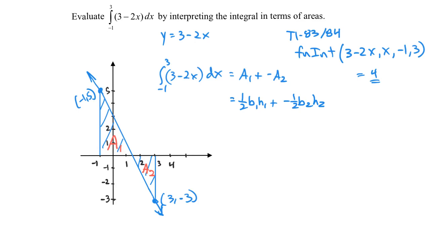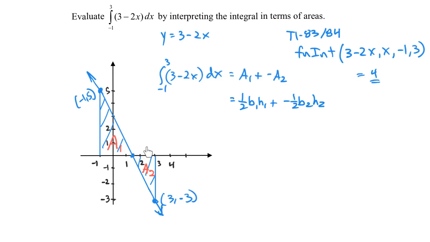So then the base here, to find out the base, we need to know that point right there. Well, we can find that point by just seeing where this line crosses the x-axis. Right? When it crosses the x-axis, y is 0. So you basically solve 3 minus 2x equals 0. Just like in algebra, if you're going to find the x-intercept, you set y equal to 0.